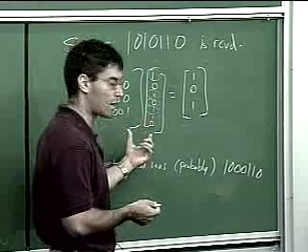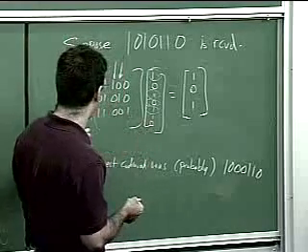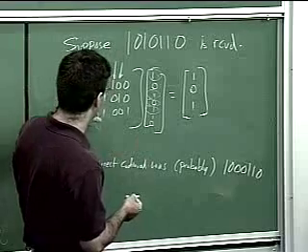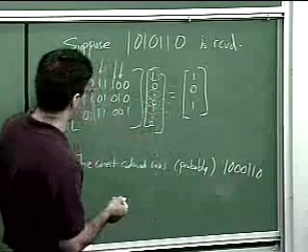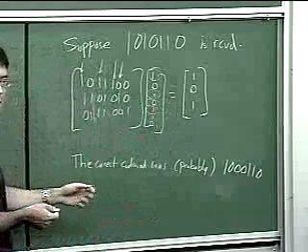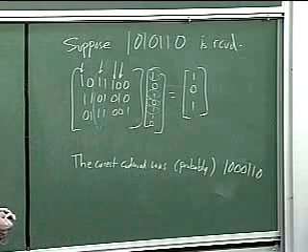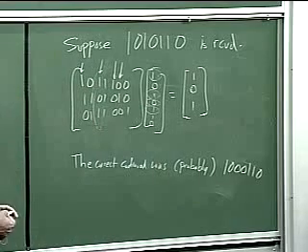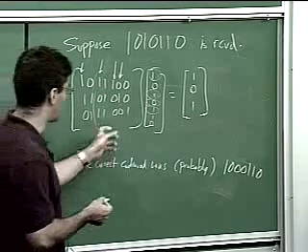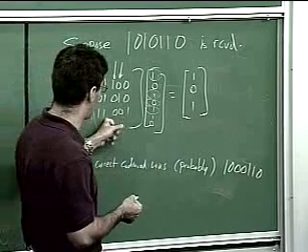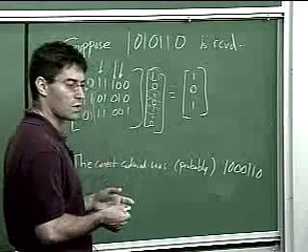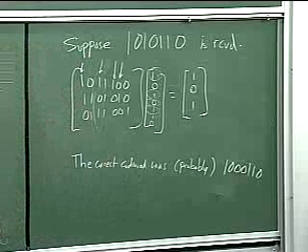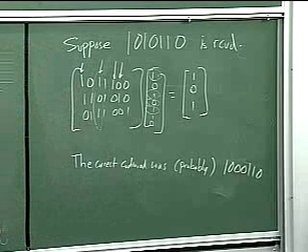Or the first and 2nd bits, those 2 flipped together would also give me a syndrome of 1, 0, 1, because this column XORed with this column gives you 1, 0, 1. Or the fourth data bit and the second check bit also would give you a syndrome of 101.